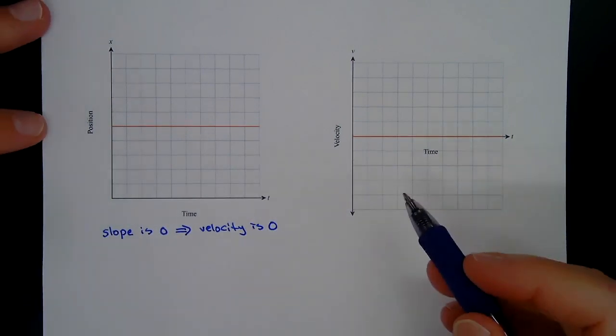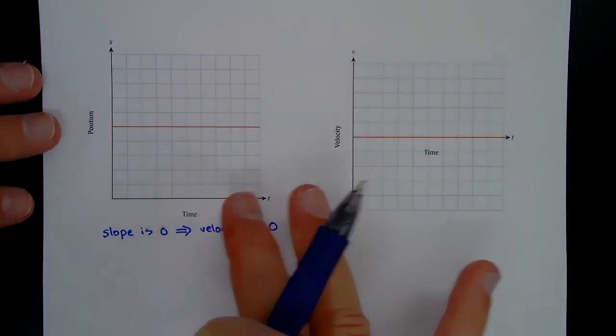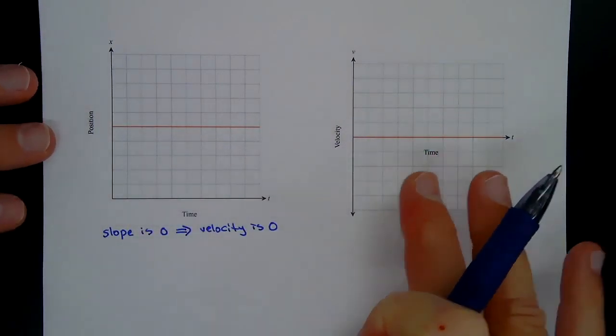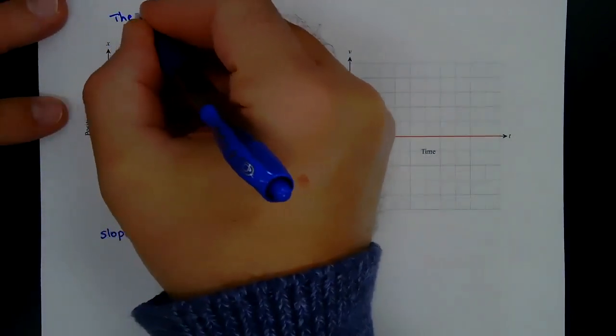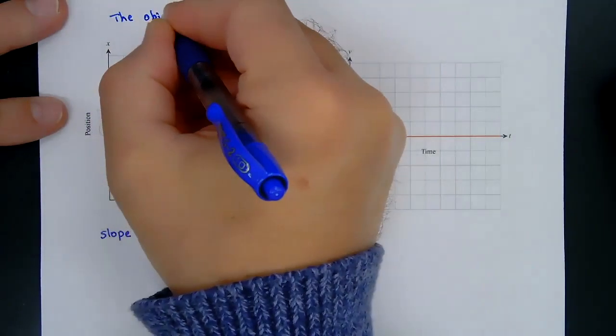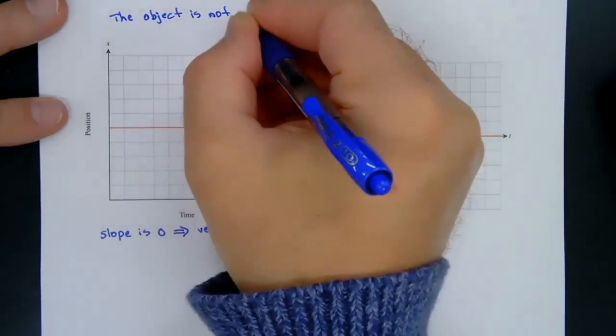So what I should have said at the very beginning, all right? These are 2 examples, one from a position time graph and one a velocity time graph where the object is not moving. So I should have said that at the very beginning. Object is not moving.